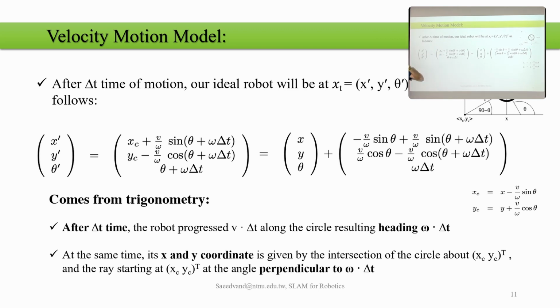So if we have the xy theta, based on the xy theta and the w and v velocities, two velocities, we can calculate the x prime, y prime, theta prime by using this term over there. The idea was, first we found the center, then we calculate where the robot is going.